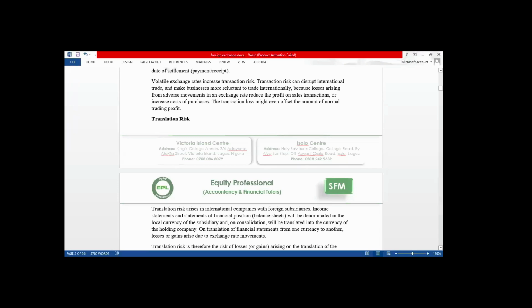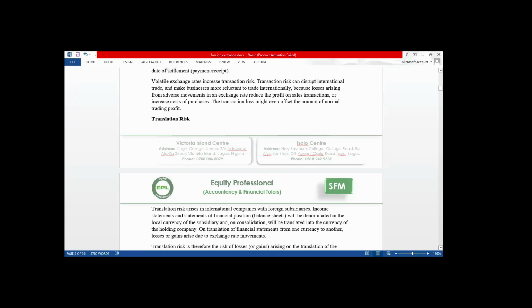Where you have a multinational company with foreign subsidiaries in different countries, the income statements and the balance sheet of the subsidiary will be denominated in the local currency of the country.